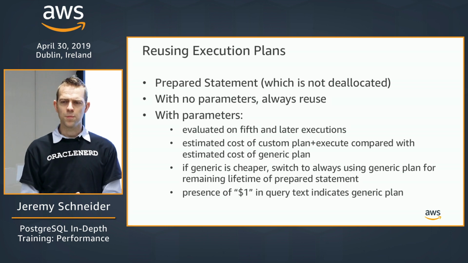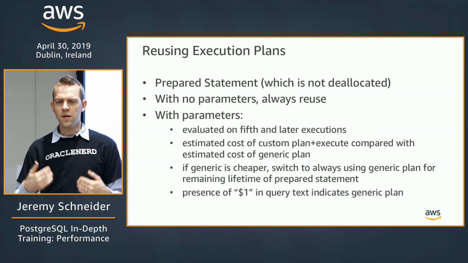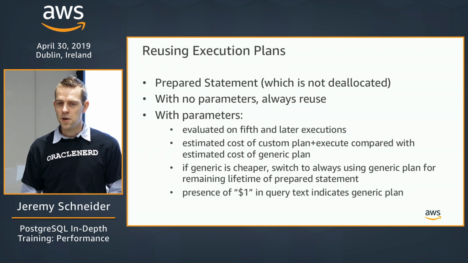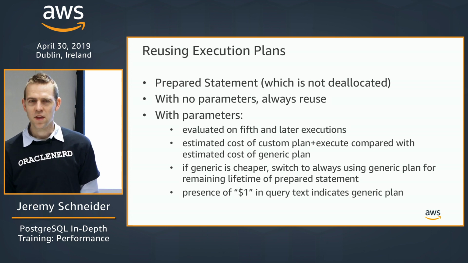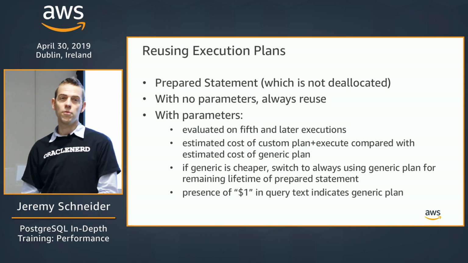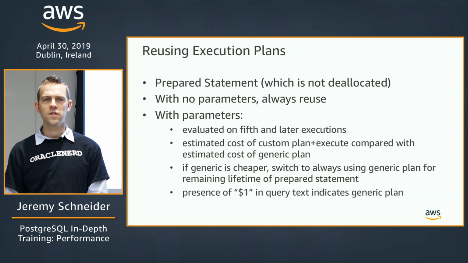And in this room, all of us are in this table, and my record is going to say United States. Probably most of the records in this table are going to say Ireland. So I have an index on that column, and I say, give me all the records from this table where home country is United States.